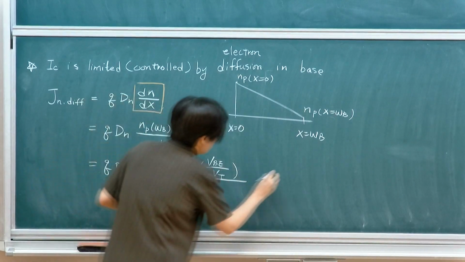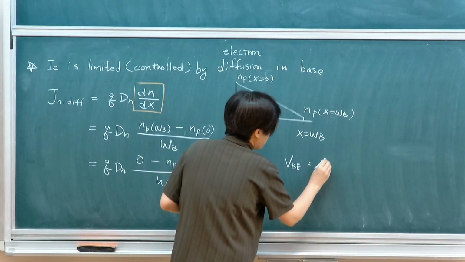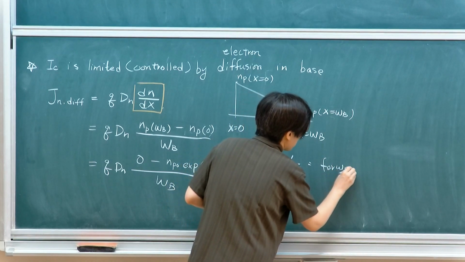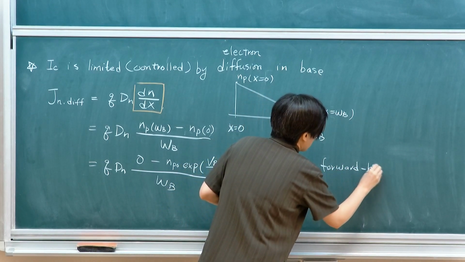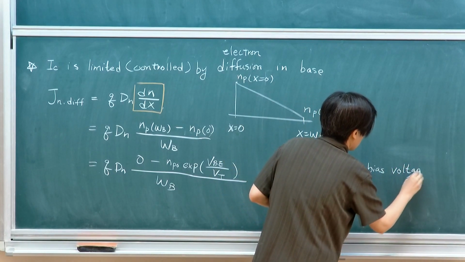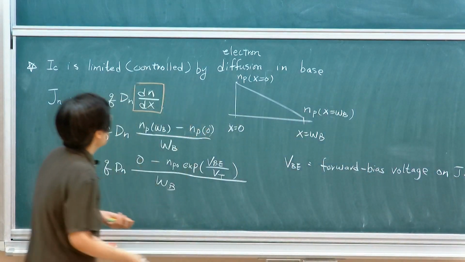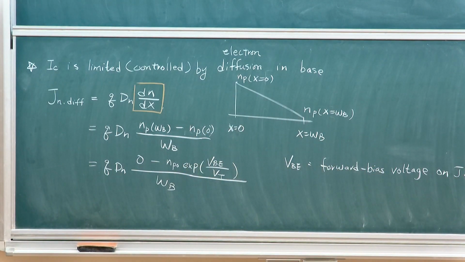Okay? So let me emphasize, VBE is the forward bias voltage on junction 2, right? The B-E junction, which is junction 2 in our figure. You forward bias junction 2, you reverse bias junction 1.